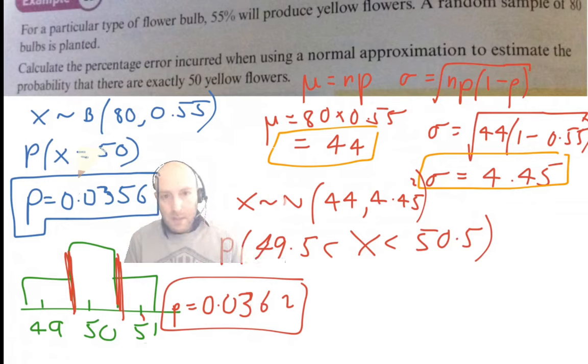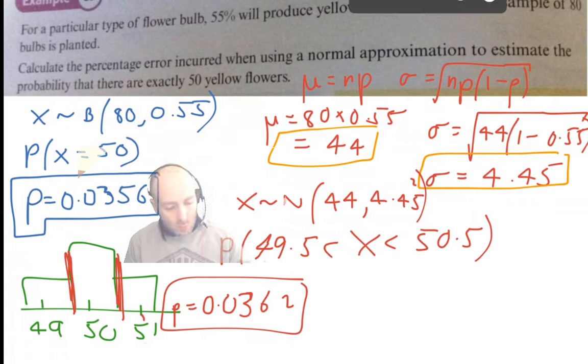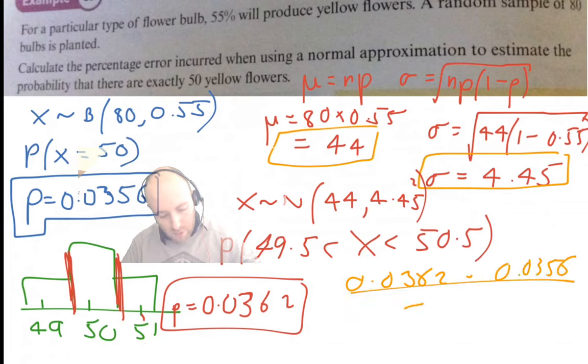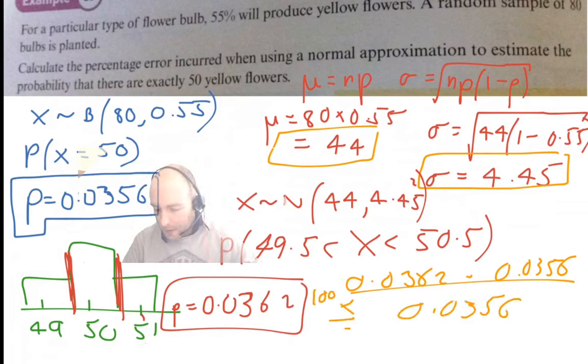So if I want to work out the percentage error, I'm just going to subtract, well, which one's our estimate? It would be the normal approximation. So it doesn't really matter which way we subtract them. 0.0362 take 0.0356 divided by the actual, 0.0356 times 100, and I make it out to be 0.82%.